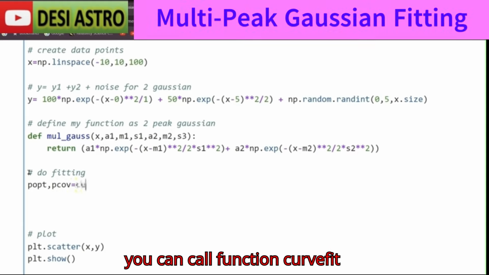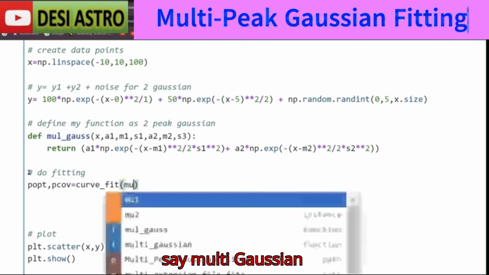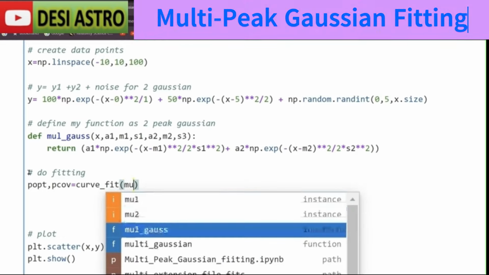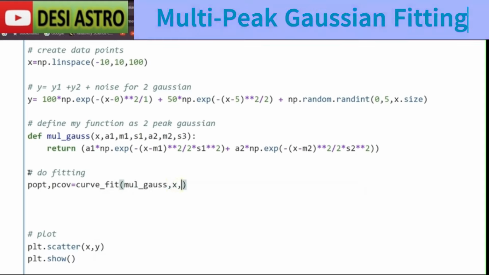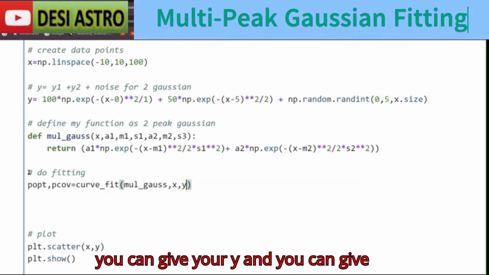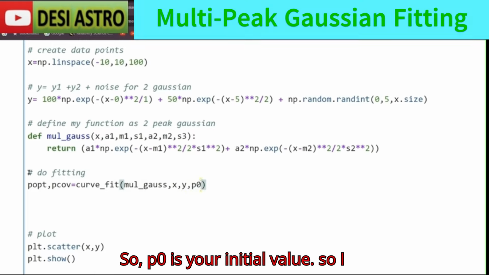Then you can call the function curve_fit, and you can give here, say, Multi-Gaussian, and then you can give here x, you can give here y, and you can give here p0, right? So p0 is your initial value.